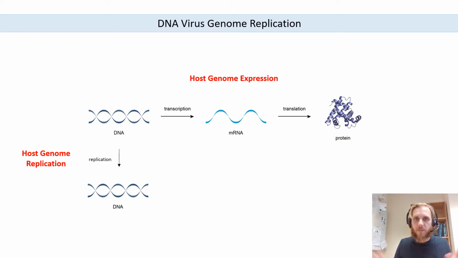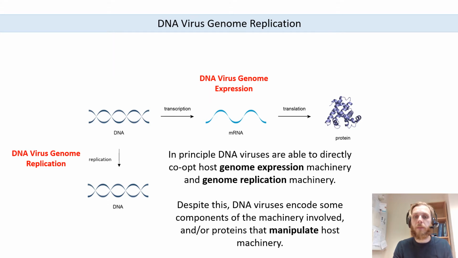These other enzymes are still important, however, and for DNA viruses, because the process of genome replication is potentially essentially identical to host cell genome replication, they can in theory use both the DNA-dependent DNA polymerase that is core to the process and also use the other host cell enzymes that are complementary to the process, these accessory enzymes that are helping the process along.